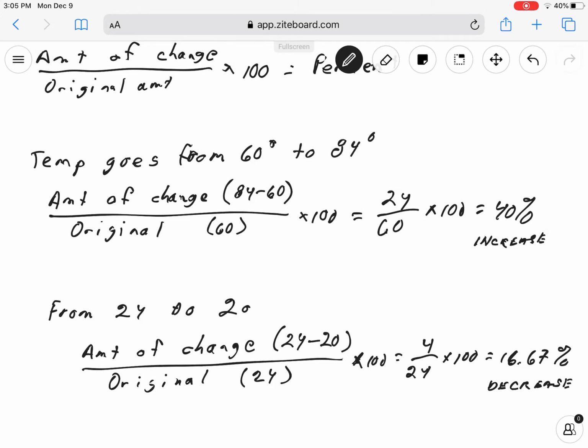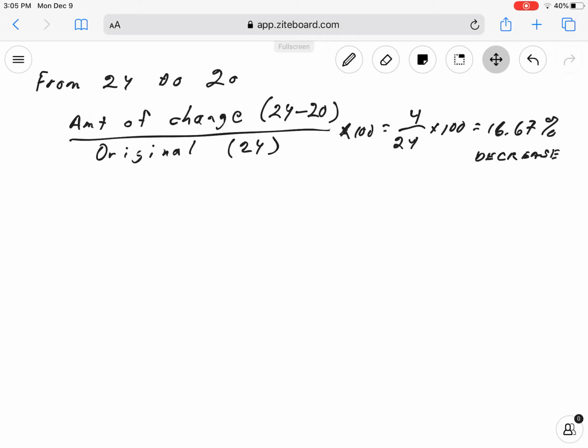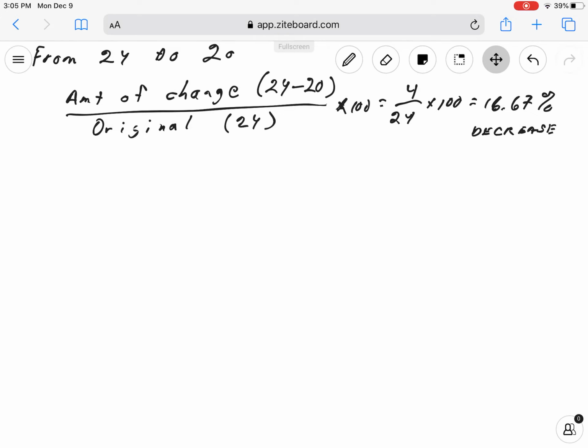Okay. All right. So we often will use percent, or usually we'll use percent if we're talking about markups for selling prices.